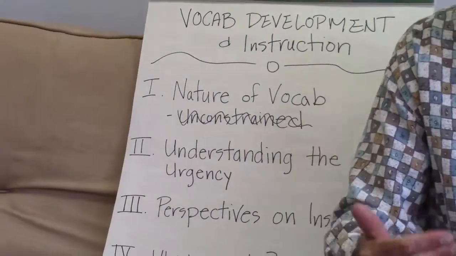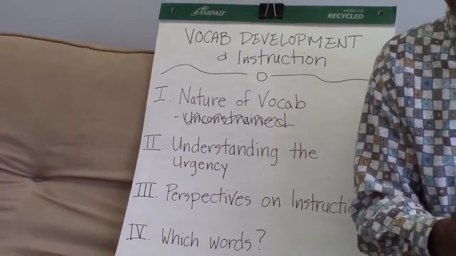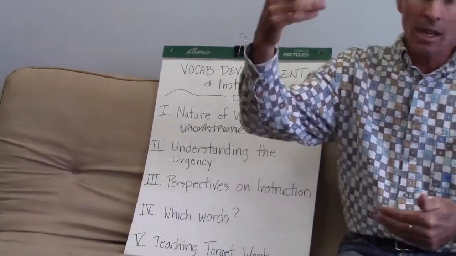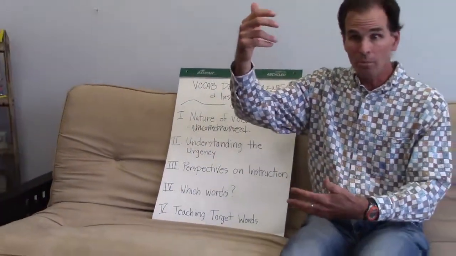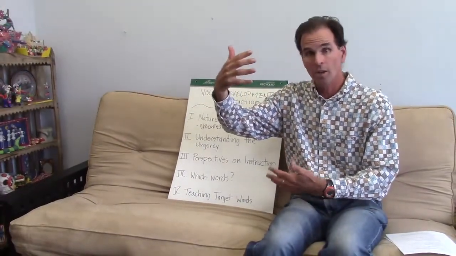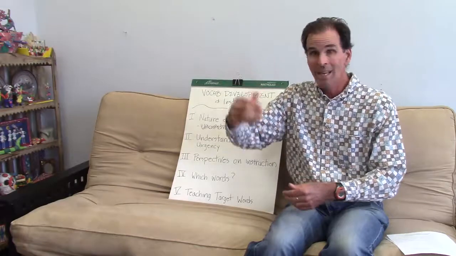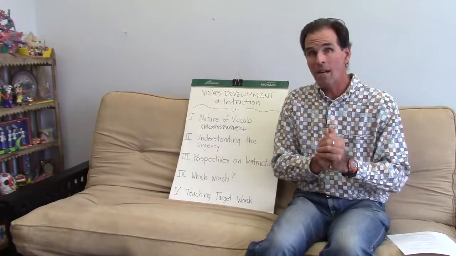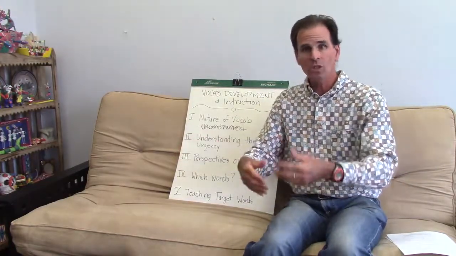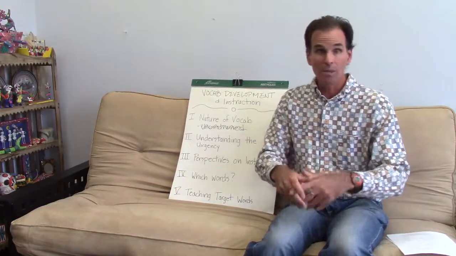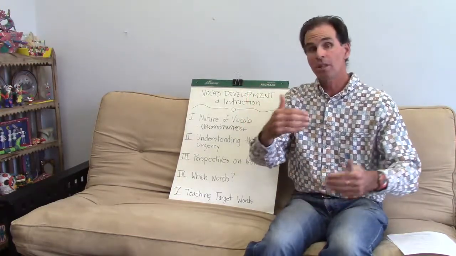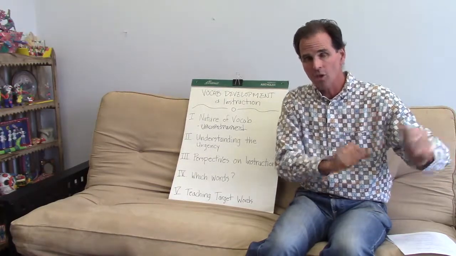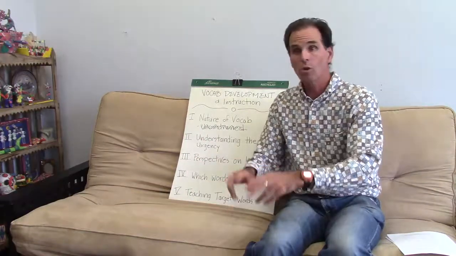First of all, we know there is an enormous vocabulary gap upon entrance to kindergarten between, let's say, the upper quartile and the bottom quartile in vocabulary knowledge for our children entering school. You see a 4,000 word gap bandied around. Some people will say 6,000 words. That's probably a good rough estimate, a 4,000 to 6,000 word gap between the top quartile, the haves in vocabulary knowledge, and the bottom quartile, the have-nots.